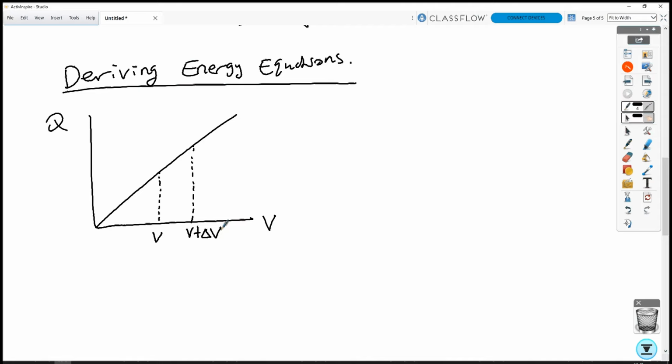If we make delta V very small, we're going to slide that line V plus delta V closer and closer to the original value V that we've marked.